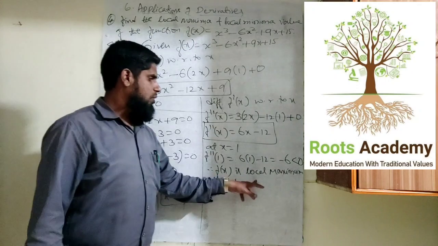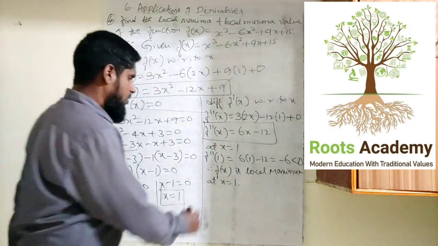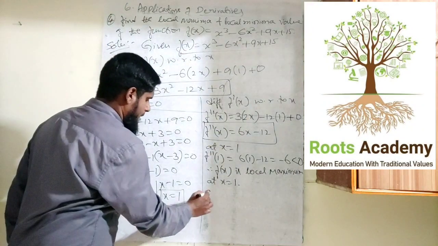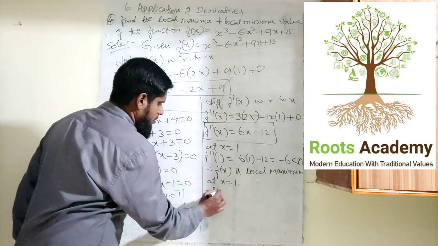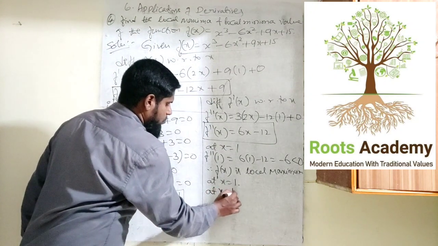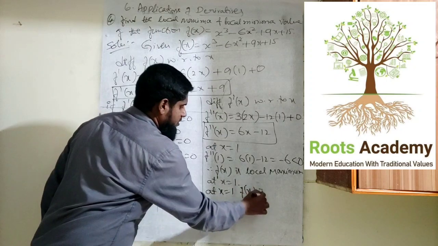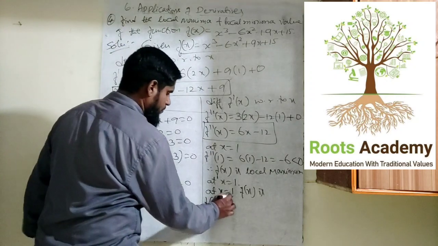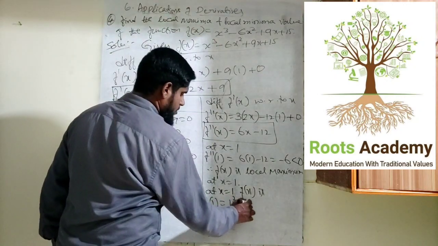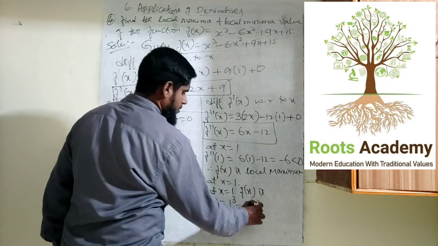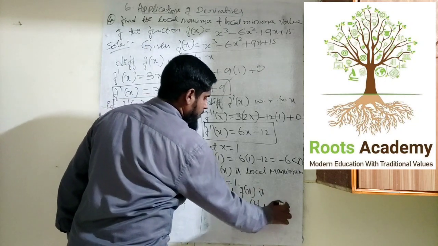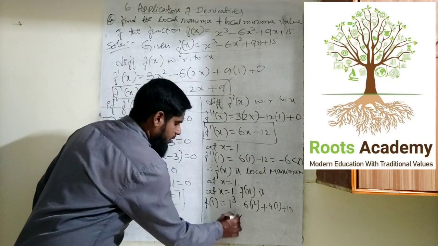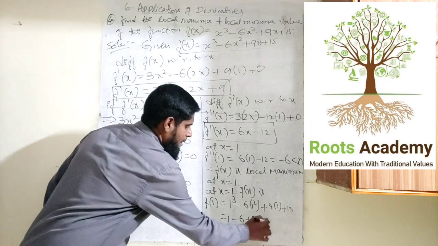Now we should find the local maximum value. So let us directly substitute x equal to 1 in the given function. At x equal to 1, f(1) is equal to 1³ − 6 into 1² + 9 into 1 + 15. 1³ is 1, minus 6, plus 9, plus 15.